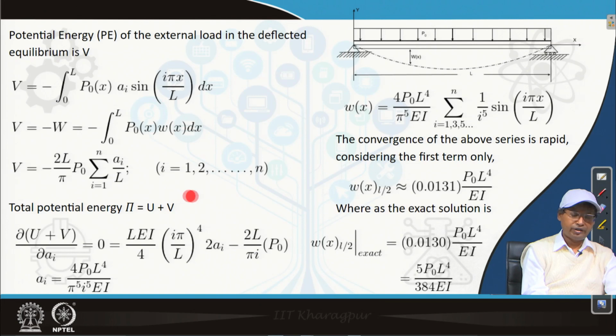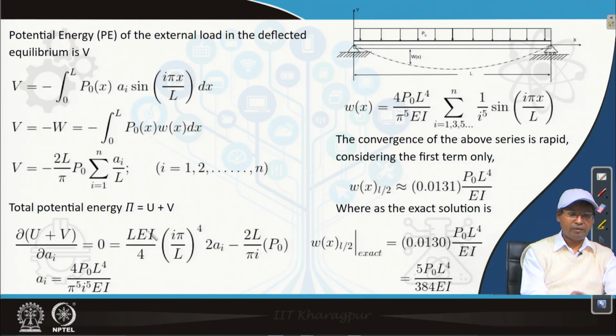And then the partial derivative of the total potential energy with respect to A i is considered. A few steps are jumped over, but you can easily get that, I guess.